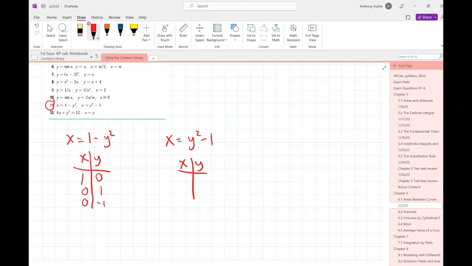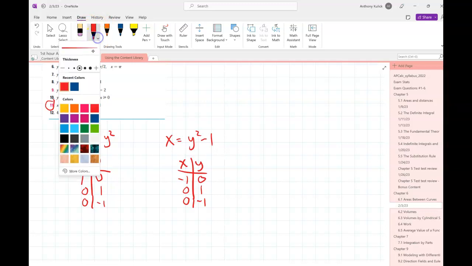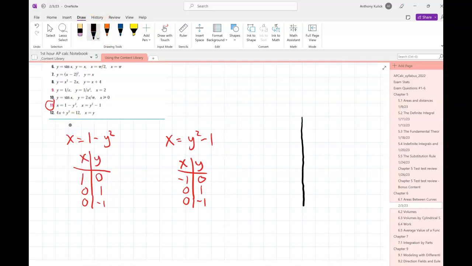Similarly over here, if I pick y to be 0, x is -1. If I pick y to be 1, x is 0. If I pick it to be -1, x is 0. So that's kind of enough for me. So I'll do this one as an orangey and this one as a bluey.